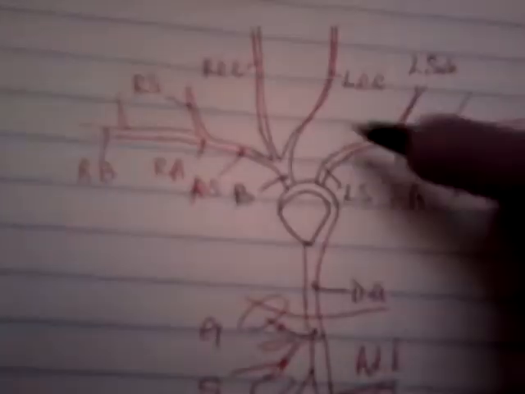And unlike the arterial system, which is kind of asymmetrical, this is more symmetrical. So it branches like this, and then it branches into essentially three parts, like this. Like this.